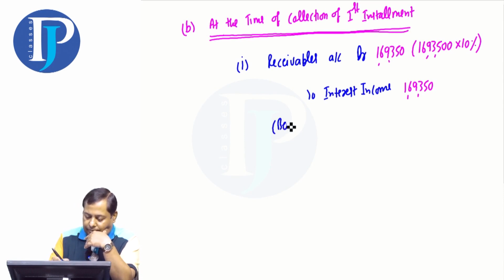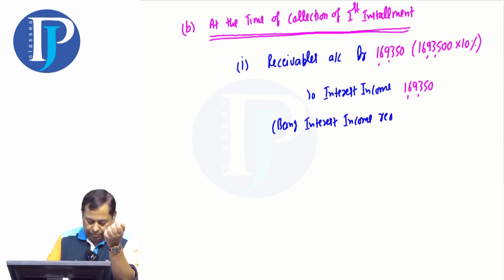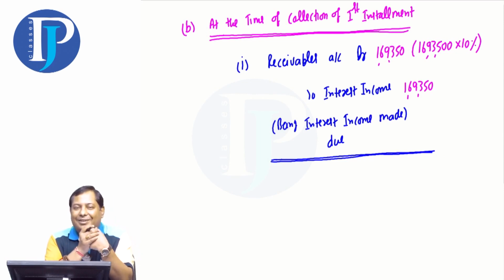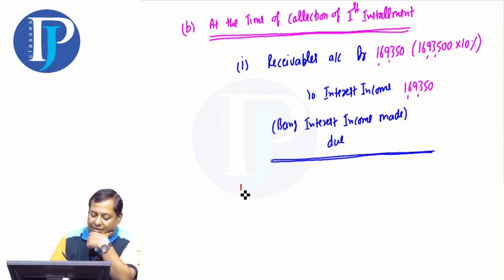Being interest income recorded, made due. We made this income due, 169,350. The income has been made due. Are you getting it, students? For the second entry, we will do collection.